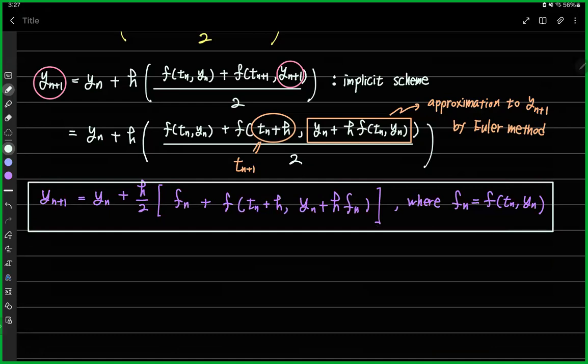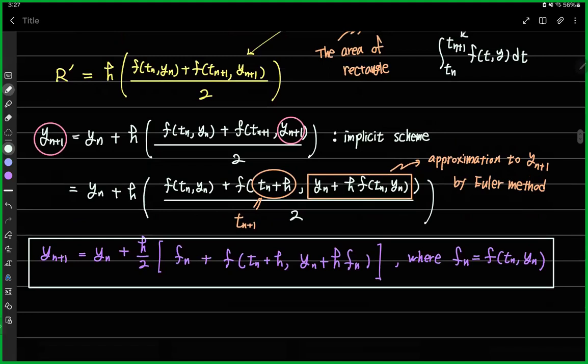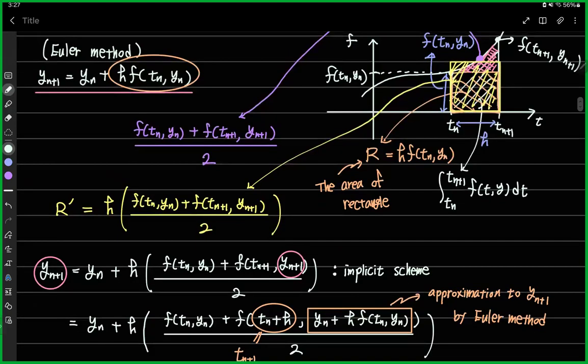Okay. The formula is a little bit more complicated than the Euler method. But what's the difference between the improved Euler method and the Euler method?